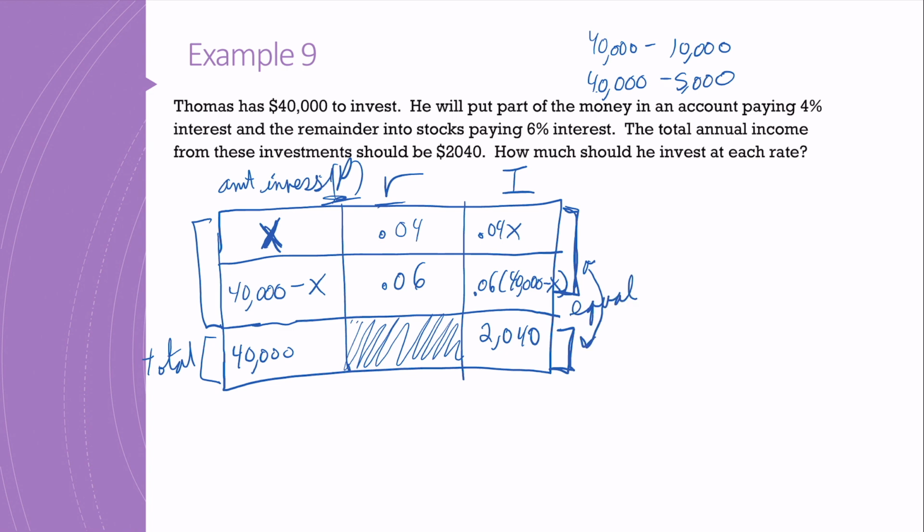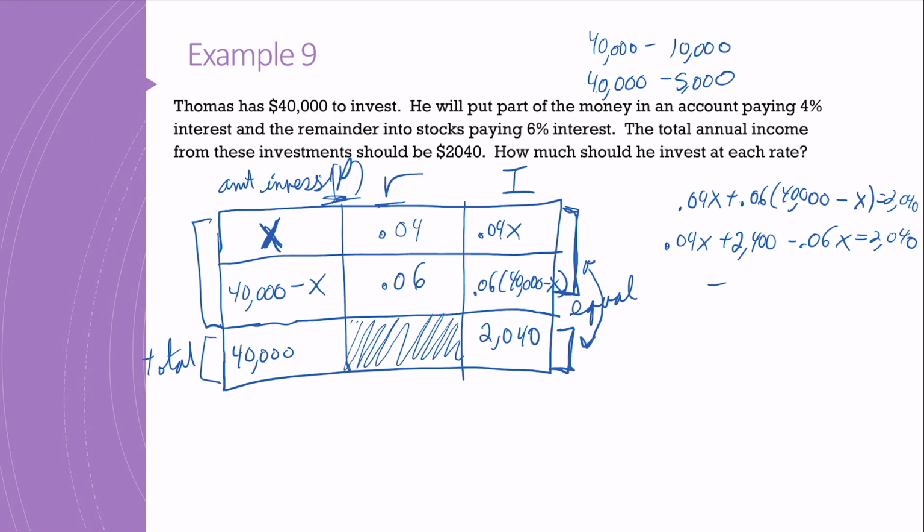So I have 0.04x plus 0.06 times 40,000 minus x is 2,040. So I have 0.04x plus, it's going to end up being 2,400 minus 0.06x is 2,040.